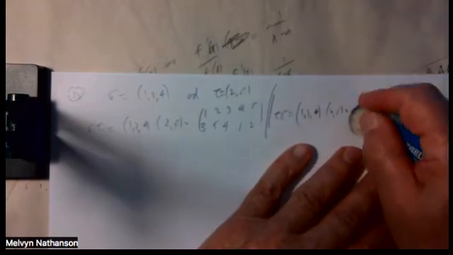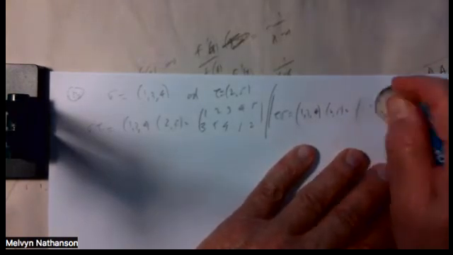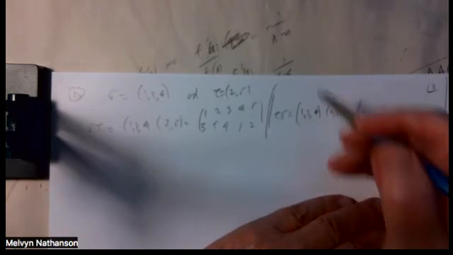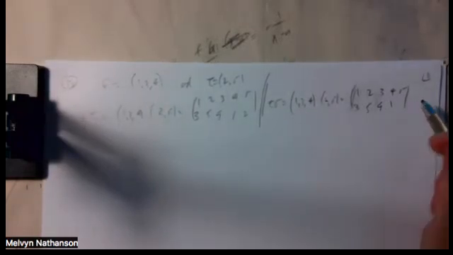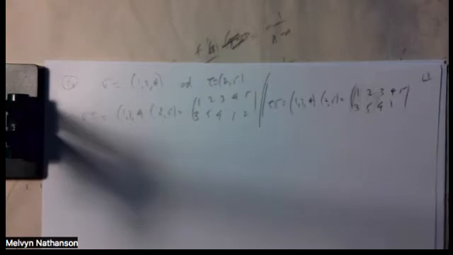Let me do it in the same way. 1, 2, 3, 4, 5. 1 goes to 1 goes to 3. 2 goes to 5 goes to 5. 3 goes to 3 goes to 4. Student: You're doing the same, Professor. It's (2, 5) first and then (1, 3, 4). Oh, sorry, thank you.